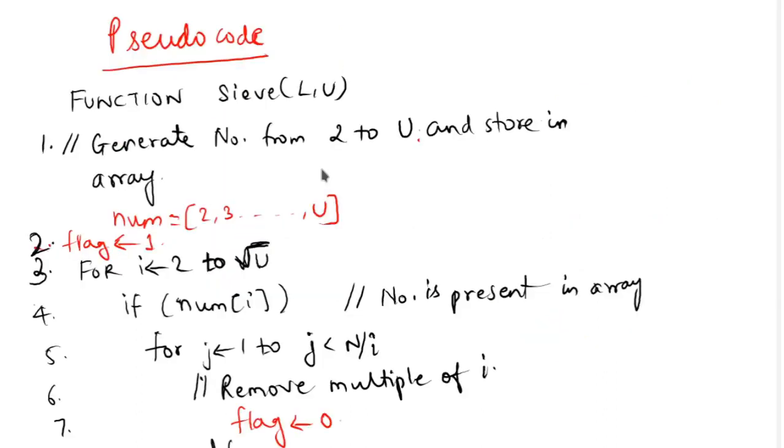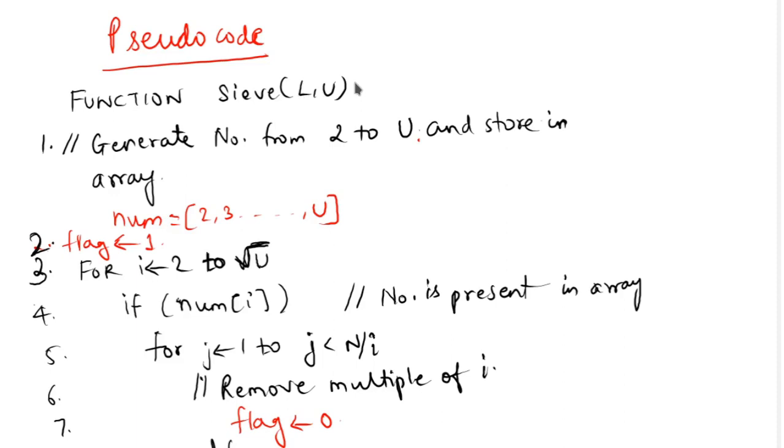Here is the pseudocode for the Sieve of Eratosthenes. It takes the parameters L and U, and the first step is to take the numbers from 2 to U. Why?